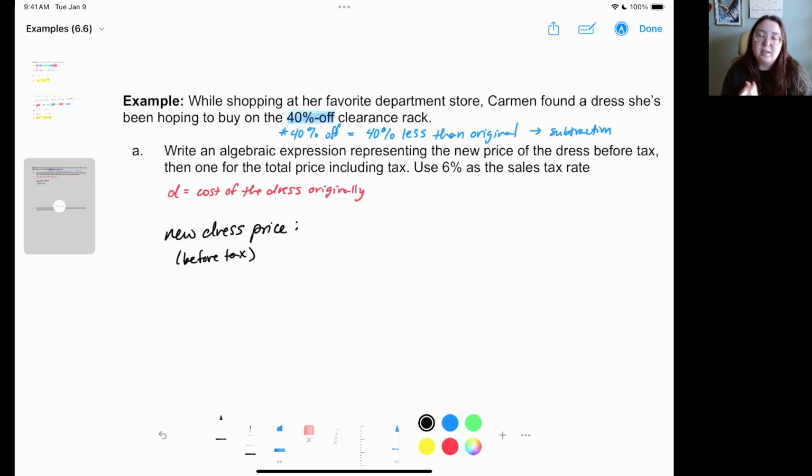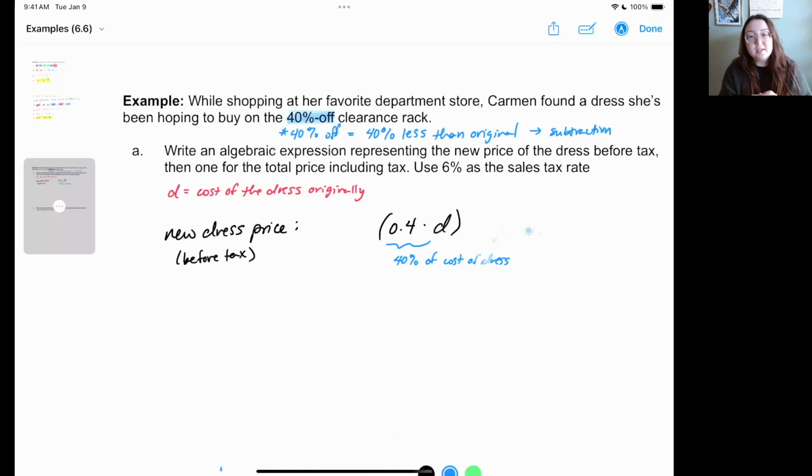So 40% of something, which is now going to be used as decimal, 0.4, of multiplication is 0.4 times cost of the dress. So that gives us our 40% portion. So we would have 0.4 times D. That's the 40%. So we'll label that. That's 40% of cost of dress.